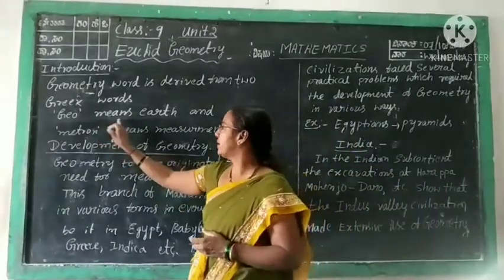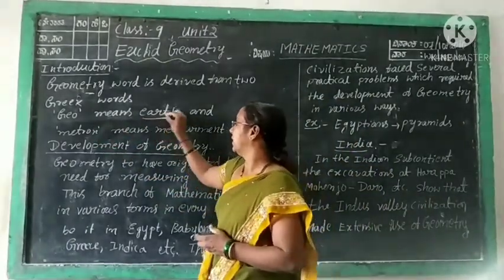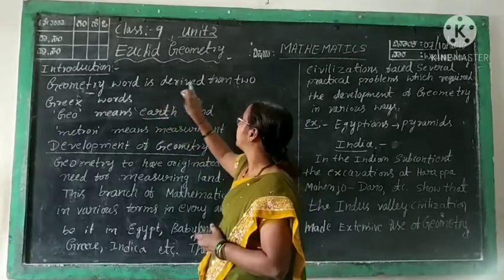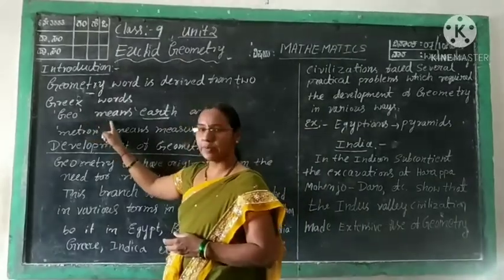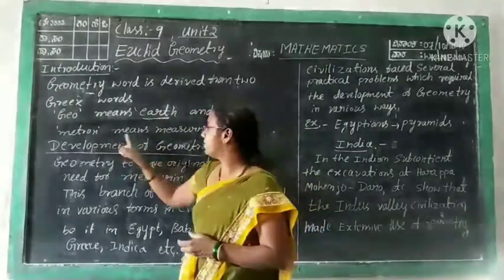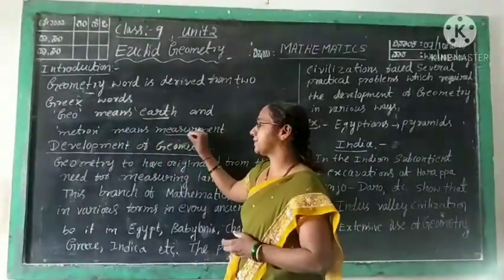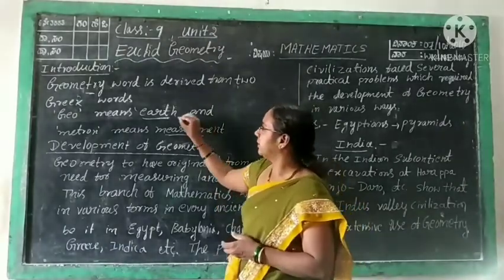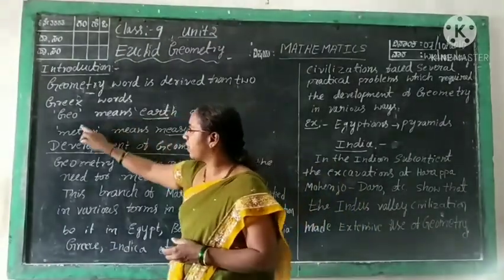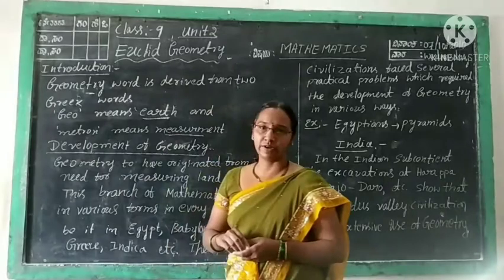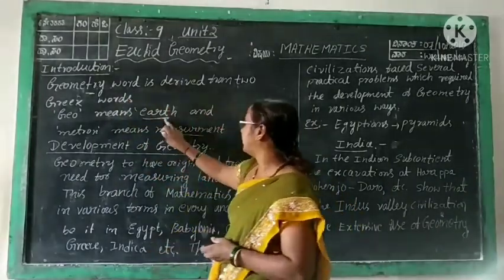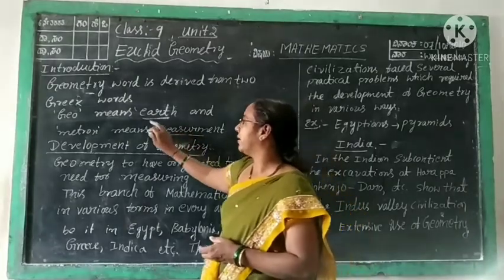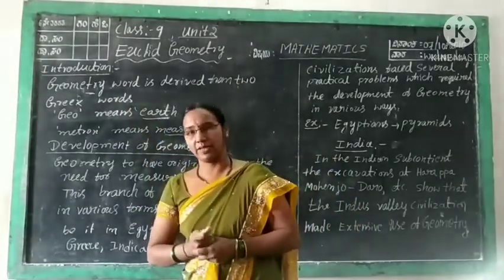Geo means earth, and metron means measurement. Geo and metron are two Greek words. The meaning is earth measurement. It is called geometry.